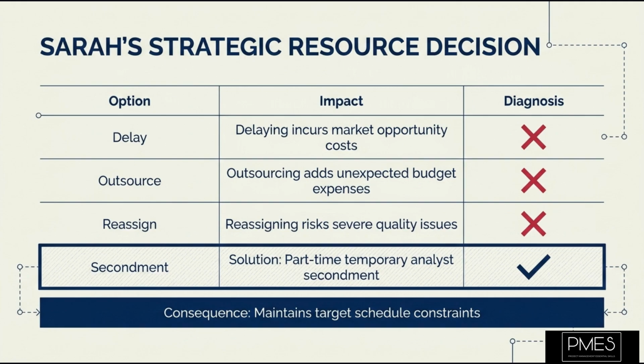What Sarah decides is to go back to the marketing department and propose a temporary, part-time secondment of the analyst, highlighting the project's strategic importance and offering a clear handoff plan. This solution leverages the internal resource without incurring full external costs or compromising quality. The consequence of this thoughtful approach is maintaining the project schedule and budget, avoiding the pitfalls of a quick, suboptimal decision.